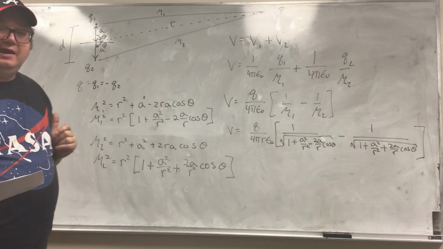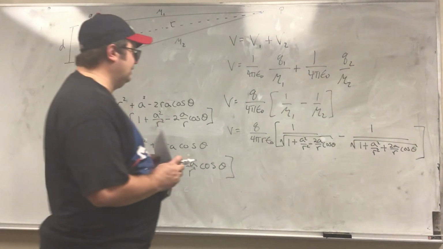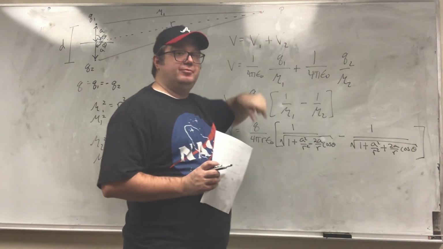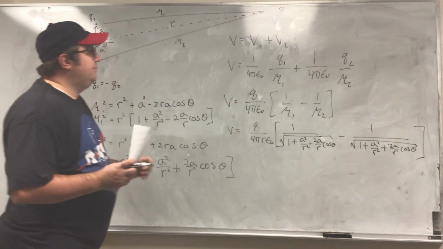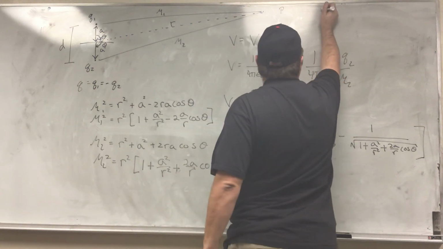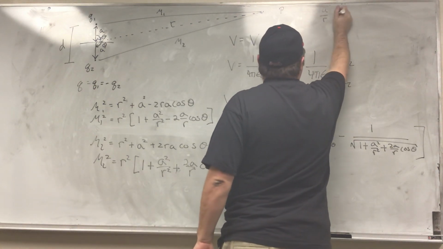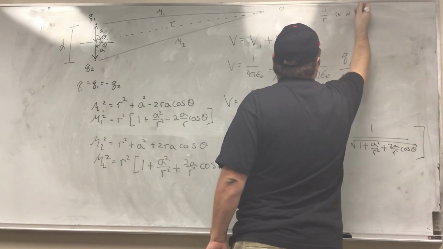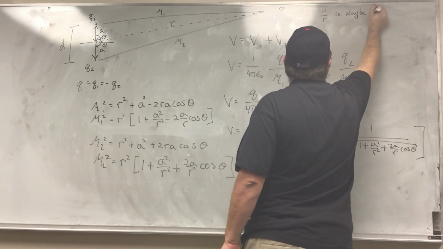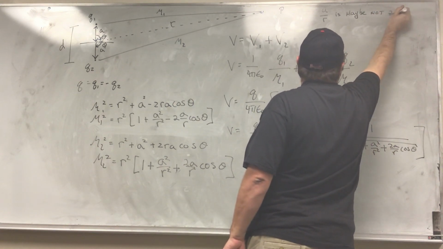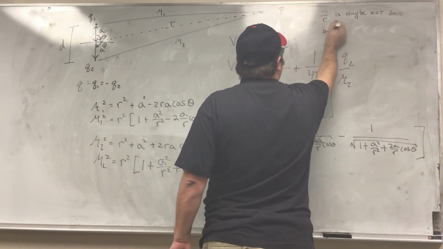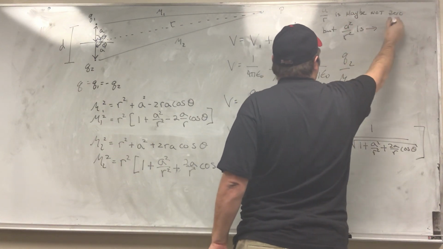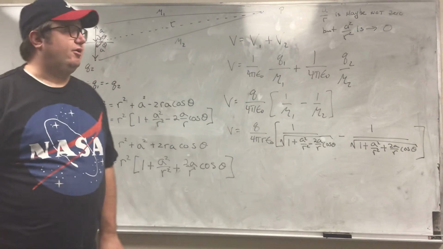All right, so I'm going to go ahead and make an approximation. I'm going to say that this point P is so far away from these charges that a over r is maybe not 0, but a squared over r squared is approximately 0.